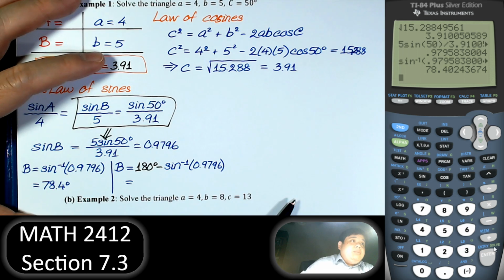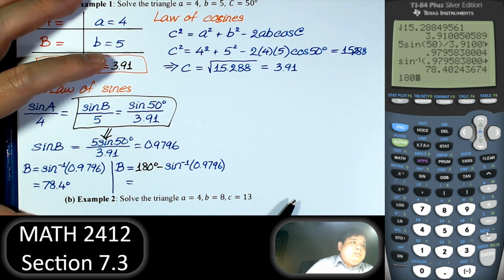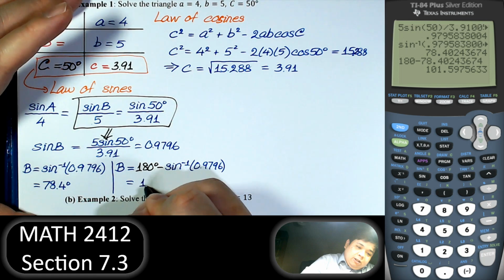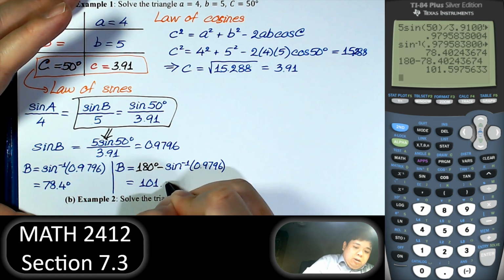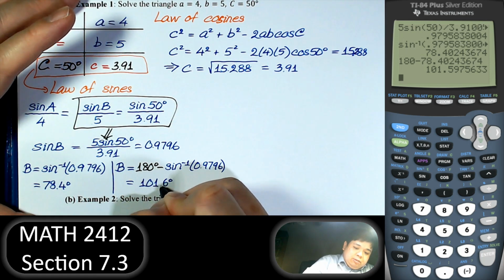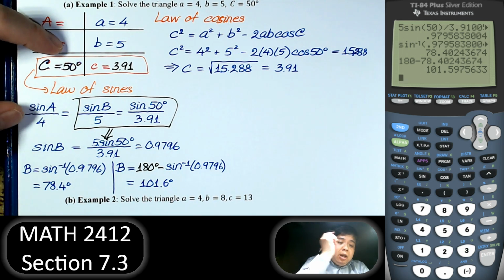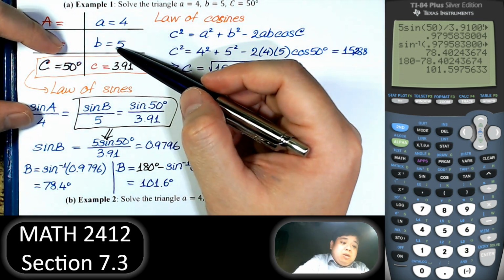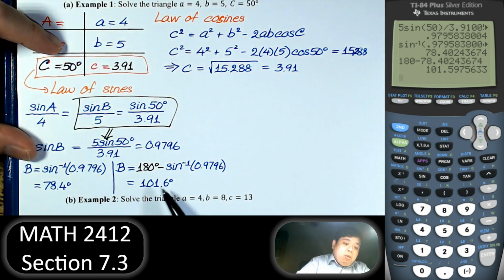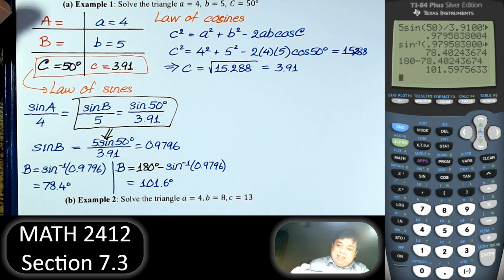So we take 180 minus that, and we have 101.6 degrees. Alright, which one is that? Now we know B is facing the longest side, so that must be the biggest angle. But both of them look right. Well, we'll see.